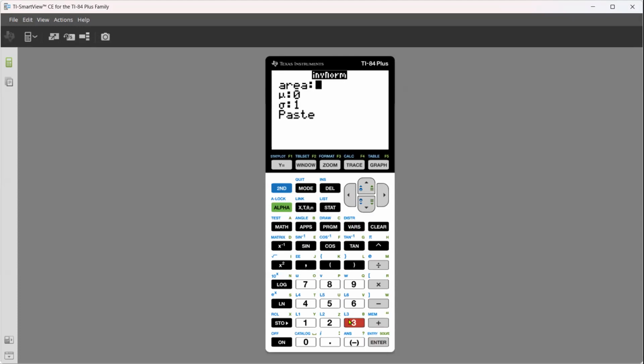This is going to be 1 minus, and use the big minus, not the toggle minus, 0.05 divided by 2. You want this to be 0 and 1 because you want the z-score. So go down here, paste it in. There it is. Take this to 2 places. This is 1.96. Okay. Questions here?